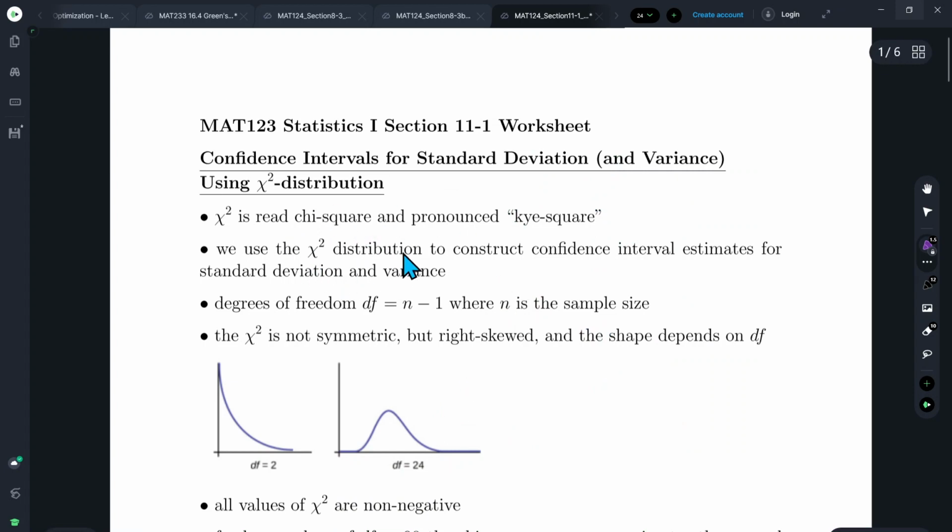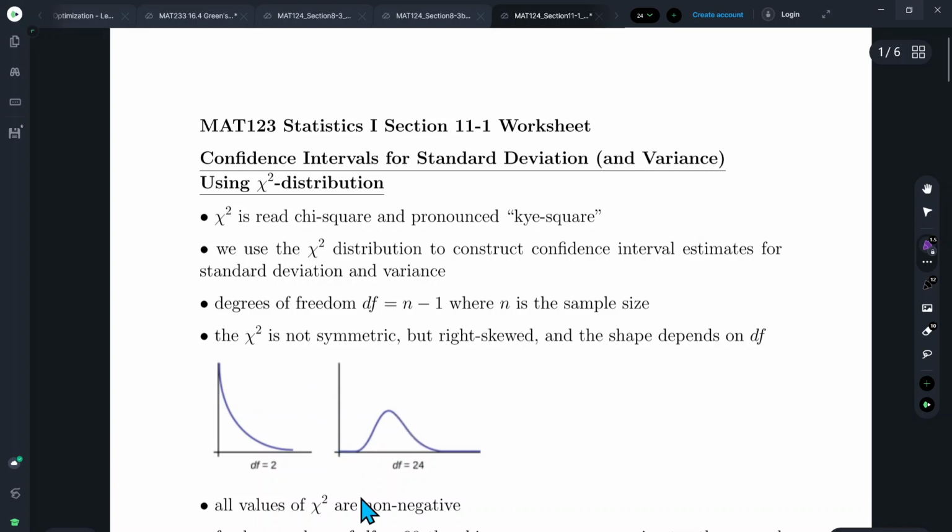Because we're working with a slightly different distribution, here we discuss some of the properties of this distribution. The first thing we need to take note of is the degrees of freedom, which is just the sample size minus 1. The shape of the chi-square distribution depends on the sample size. For small sample sizes, the shape is very skewed, but for larger sample sizes, the shape is still slightly skewed to the right, but looks kind of like the normal distribution.